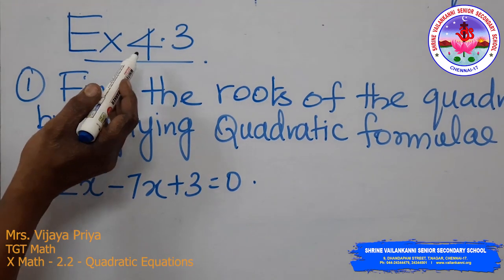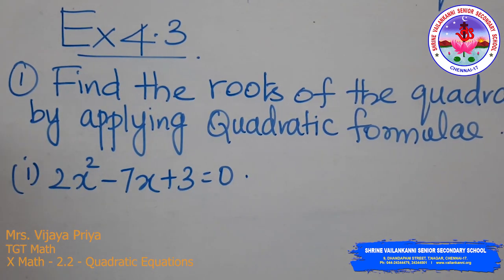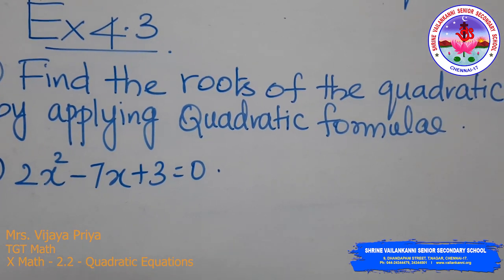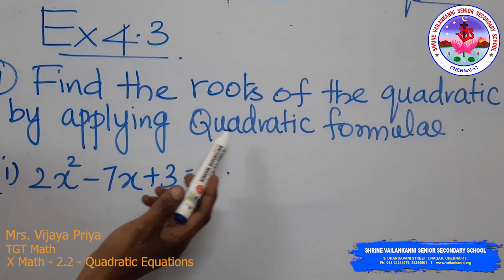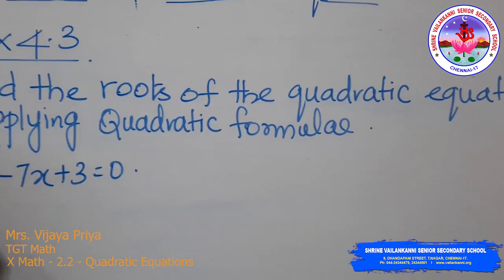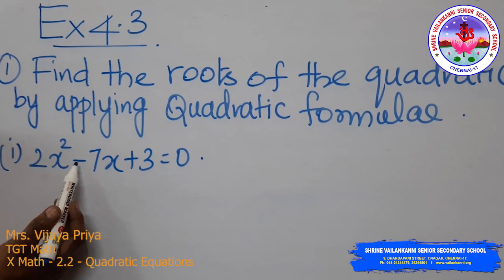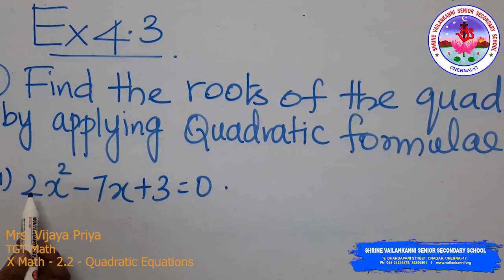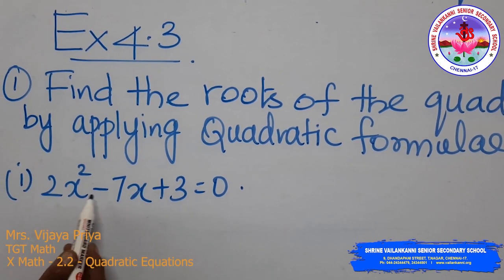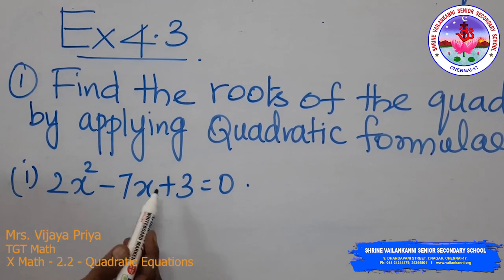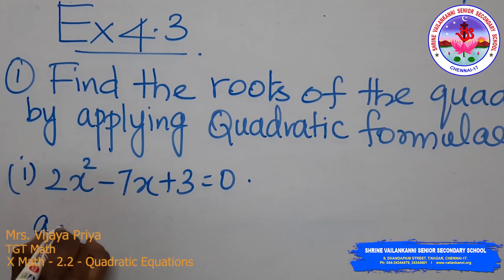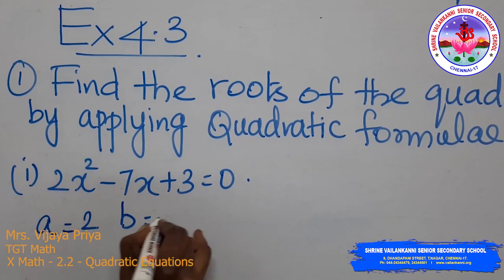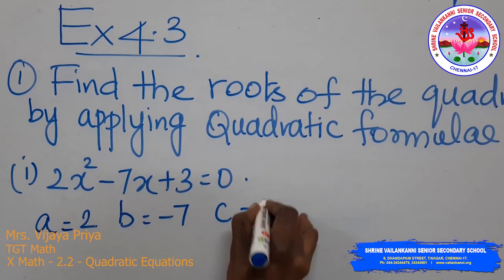Now exercise 4.3, the first question. Find the roots of the quadratic equation by applying the quadratic formula. He has given the equation 2x squared minus 7x plus 3 is equal to 0. We are going to take the values of a, b, c from this equation, where a is equal to 2, b is equal to minus 7, c is equal to 3.